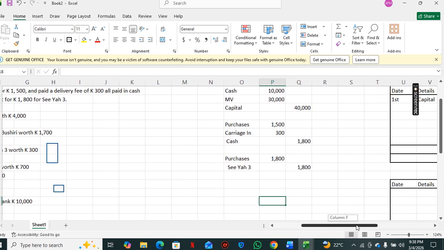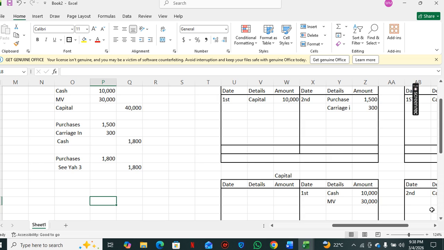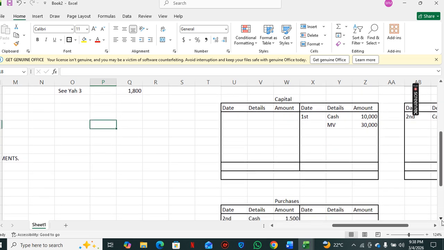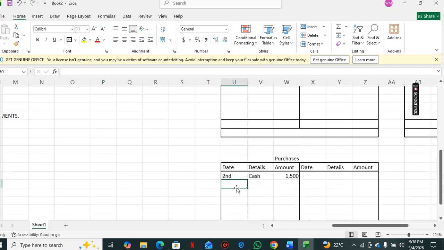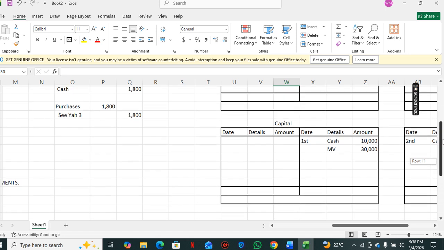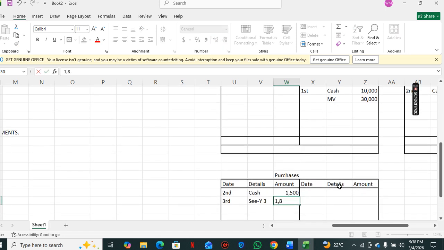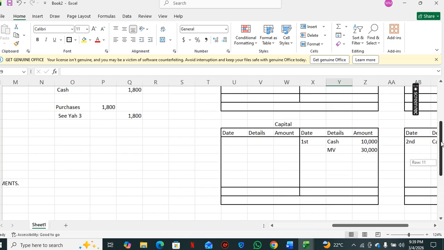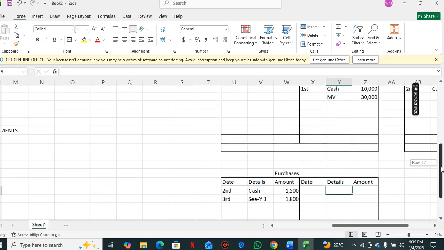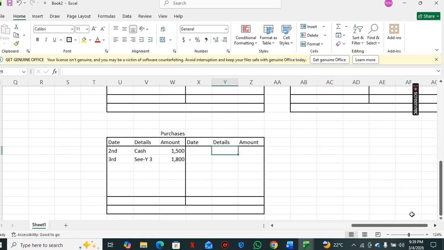So again, when we come back to the ledgers, purchases, you're going to see on the 3rd, we debit CR3. What was the amount again? 1,800. Okay. Then, let me see, purchases. Oh, we have to also open up CR3's account.